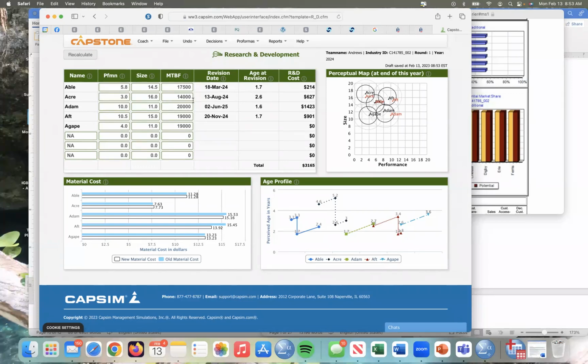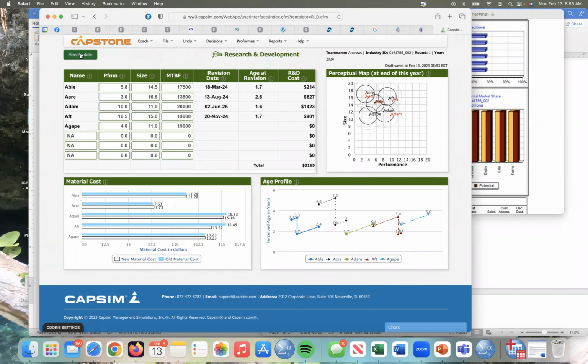With Acre, I am going to erase what I did in each one of these categories, maybe go down a bit in my MTBF, 13.5. All right. My size, I'm going to go with 16.5. And with my performance, we will, let's see, keep it at 3.0.